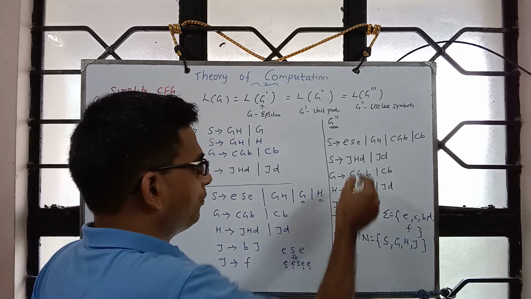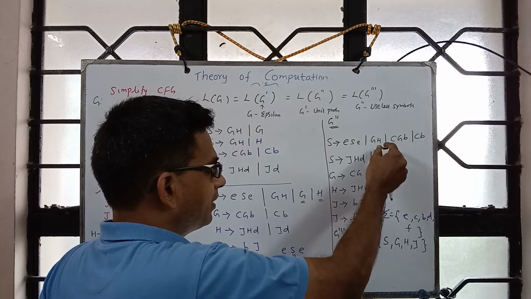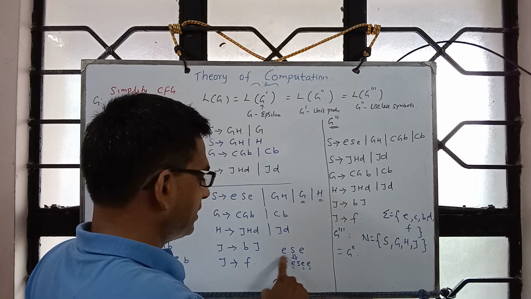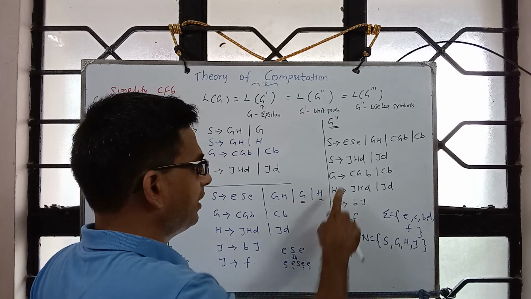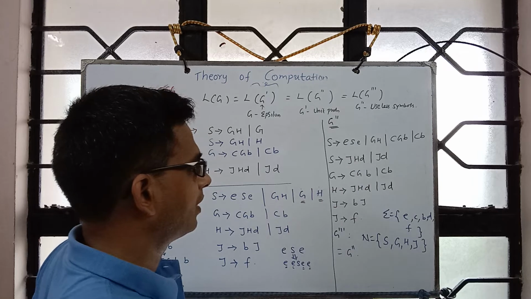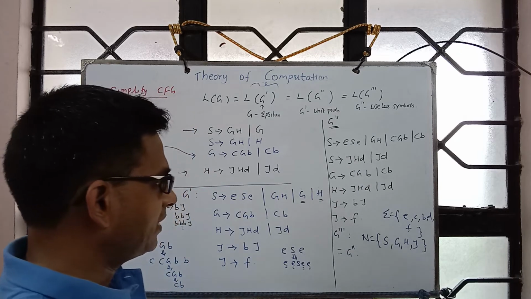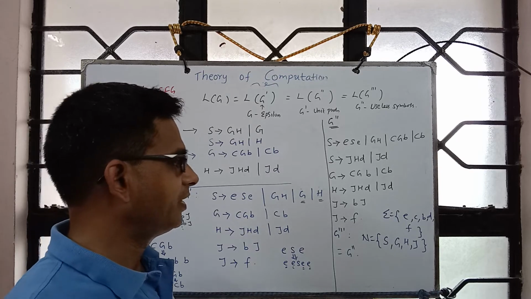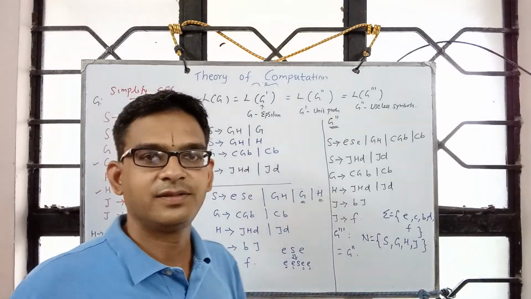Okay. Now with G you can get something, with H you can get something, and instead of starting from S implies ESE, one can also start from S implies JHD. Okay. So having seen this picture, let's combine and write the language accepted by this grammar.